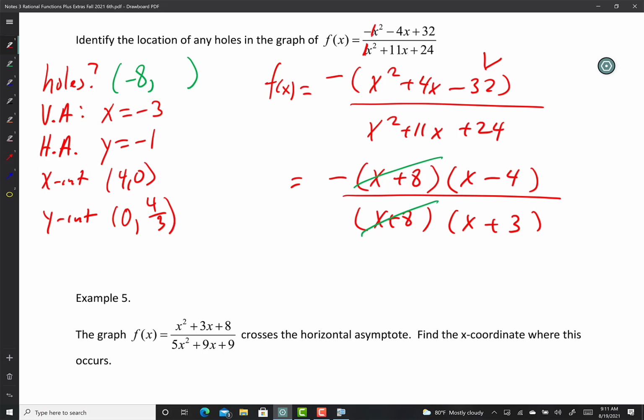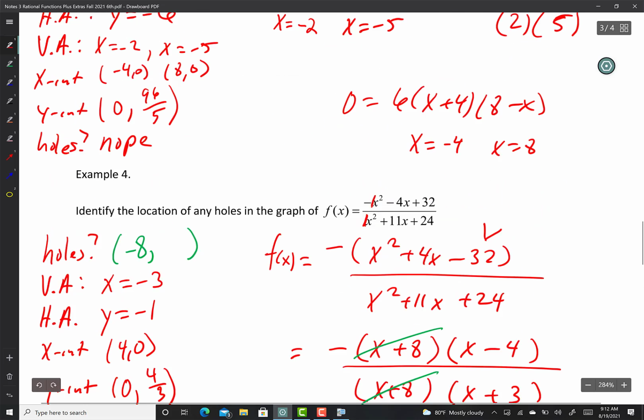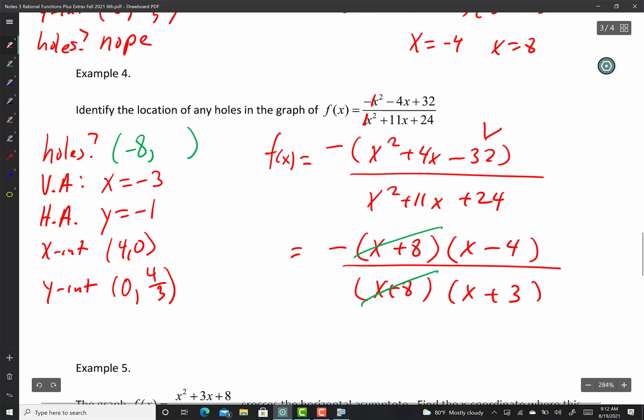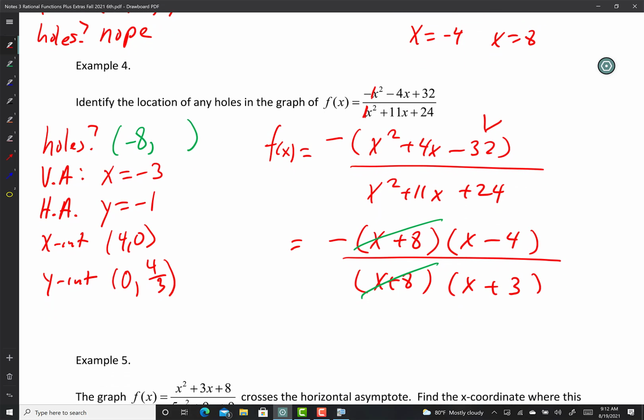How do we feel, guys? That one was good. That one was a little bit slow. What's up? If you look at the last one, when you take out the holes, you get x minus 4 over x plus 3, with a negative on the outside, right?